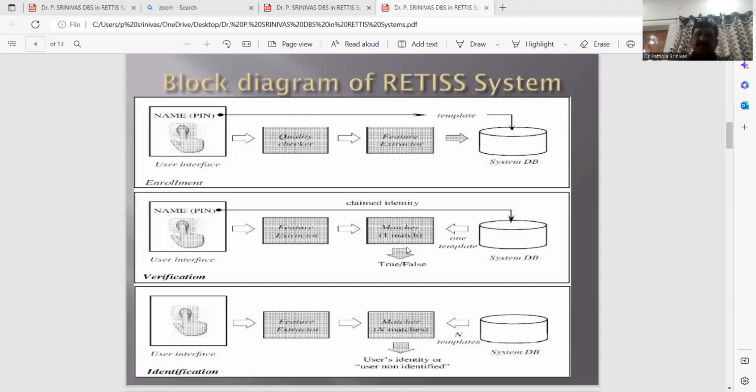Next, the second process is called verification. Suppose I access any kind of application on the server side. Here you must enter the username and password. Once the username and password are correct, a PIN number is automatically generated. Without the PIN number, you cannot access your application. This PIN number has a time limit, maximum 5 minutes.